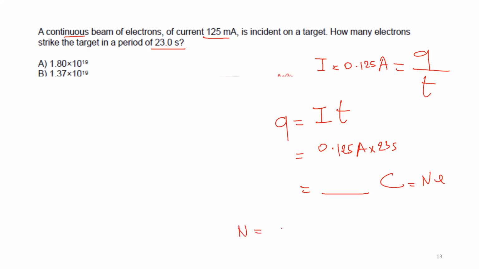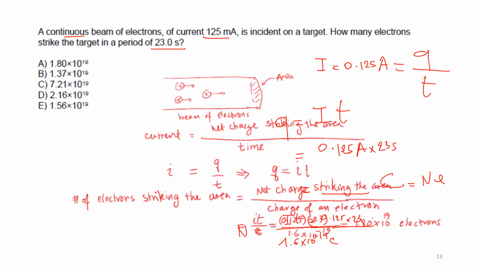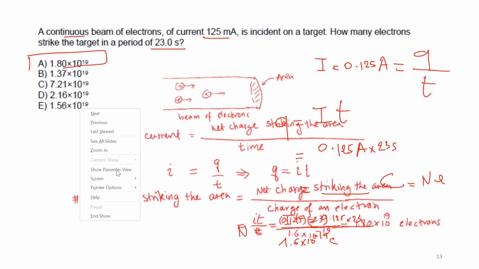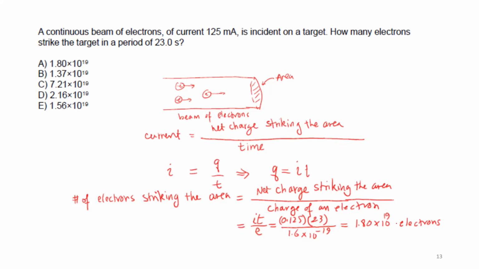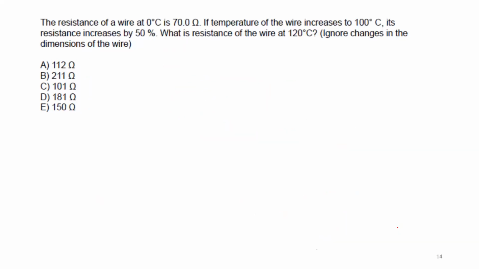So the number of electrons will be just It divided by 1.6 times 10 to the power minus 19 coulombs. It is 0.125 times 23. And this gives you 1.8 times 10 to the power 19. Very straightforward.